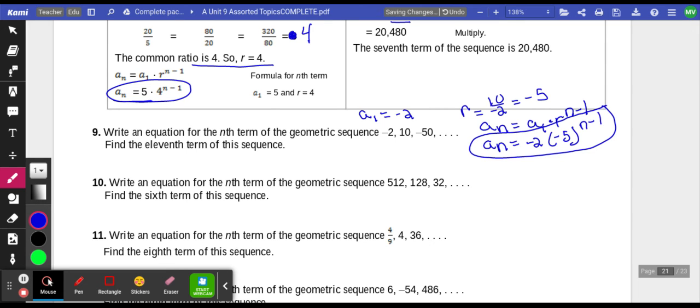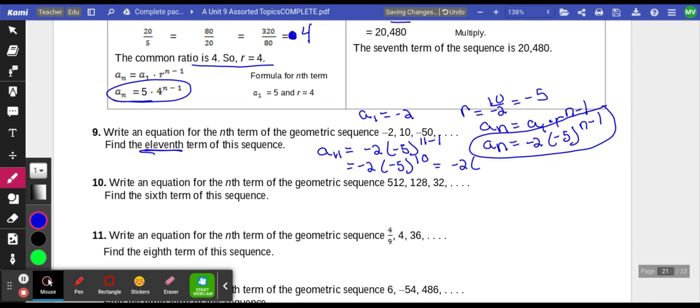A sub n equals negative 2, parentheses negative 5, to the n minus 1 power. So now to find the 11th term, I replace all the n's with 11. So it's a sub 11 equals negative 2, parentheses negative 5, close parentheses, to the 11 minus 1. So that's negative 2 times negative 5 to the 10th power. I do my exponents first.